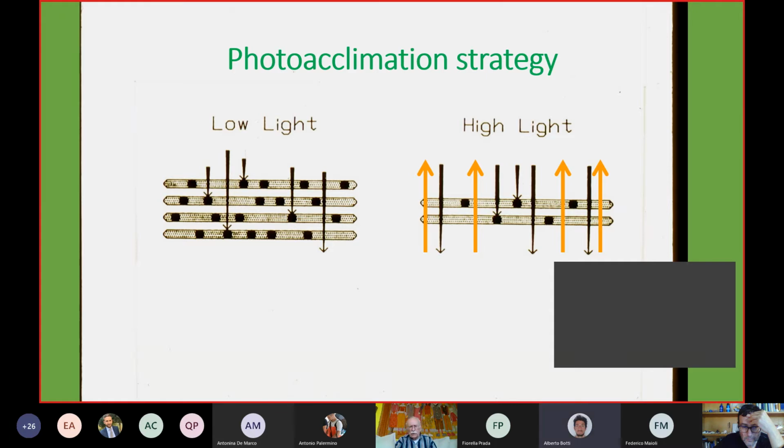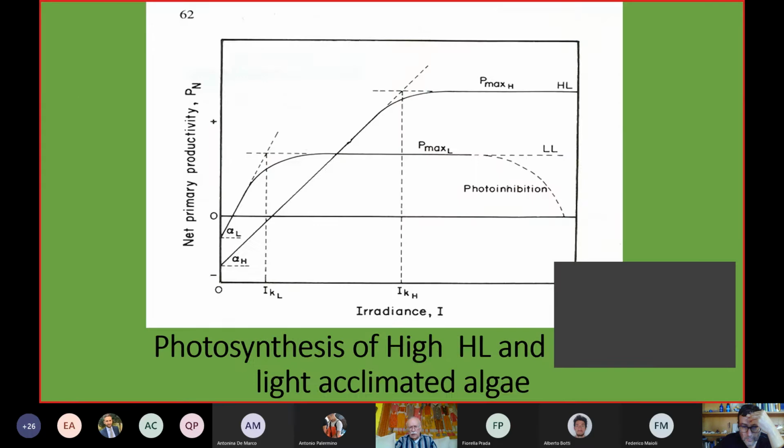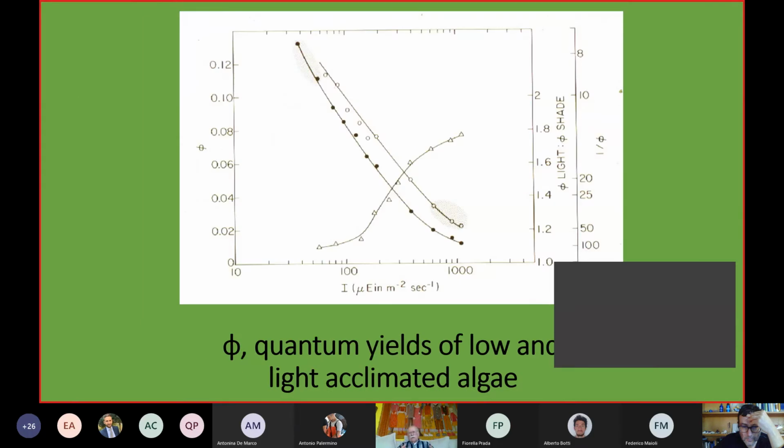If you are darker, you absorb more light. But here you have a different efficiency. Once the light is absorbed, a higher efficiency of using the light that you absorb. And the efficiency is 8, in this case, let's say 10 to 100, which is a lot of difference. So these two add up to the incredible effectiveness of the photoacclimation process.